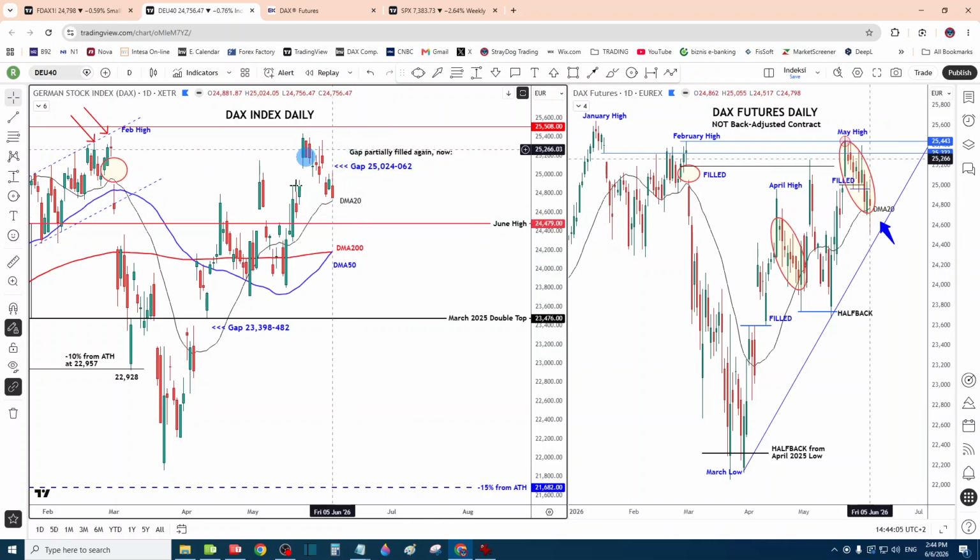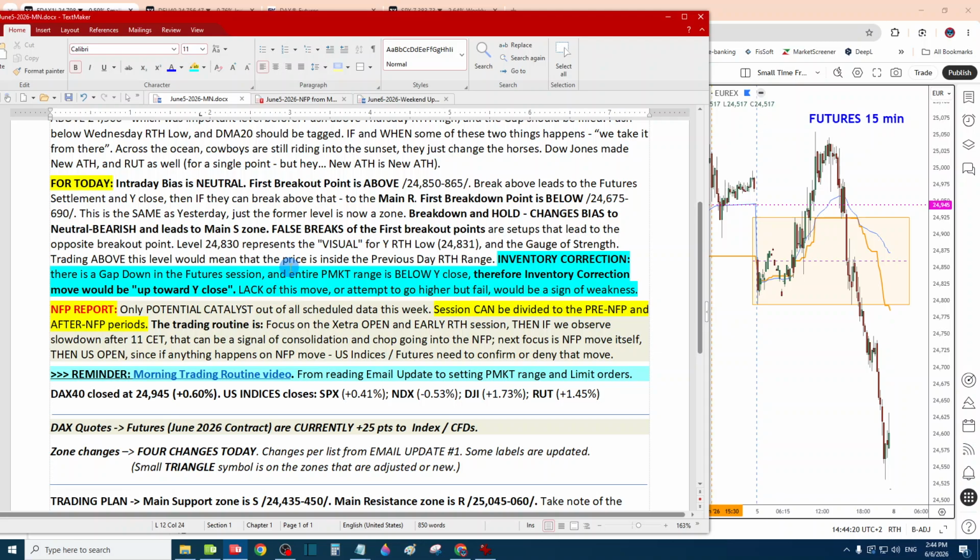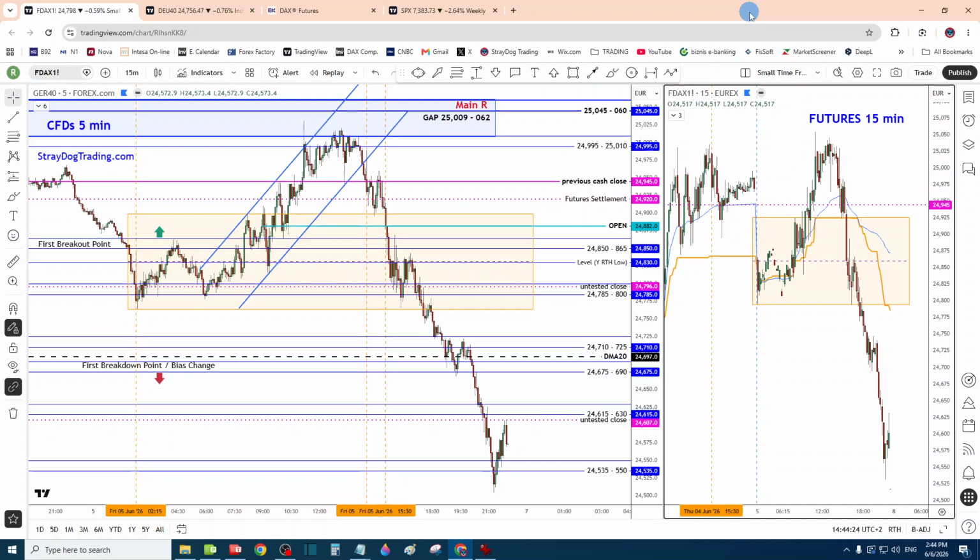Now, this is on daily, and now let's go down to the smaller time frames. For this recap I'm going to use the combo chart, CFD 5-minute on the left side and futures on the right side. Here in the morning notes I wrote about inventory correction, which is one of several basic concepts that we use every other day.